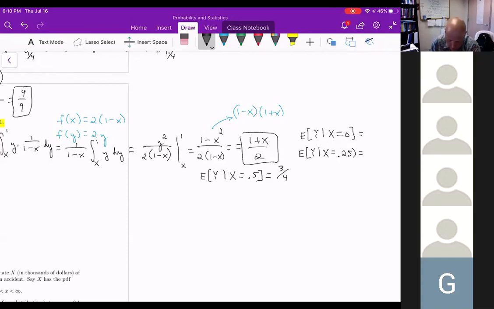So Miku got 1/2, and that's because you have 1 plus 0 divided by 2, which is 1 over 2, or 0.5. And I put one more problem up here just for you to practice. So the expected value of y given that x is 0.25, and feel free to call out or post when you've got that answer. And yes, so Miku got 0.625, which I believe is 5/8.